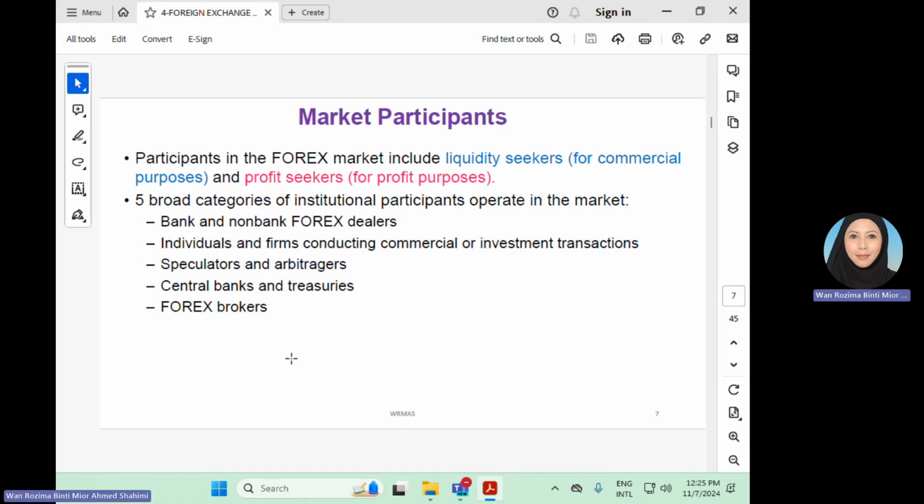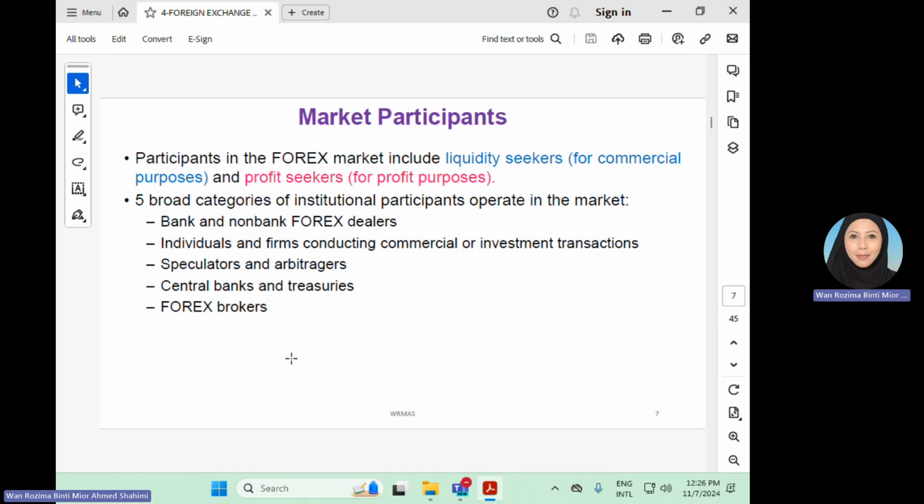Now, market participants. Participants in the forex market include liquidity seekers, for commercial purposes, and profit seekers, for profit purposes.